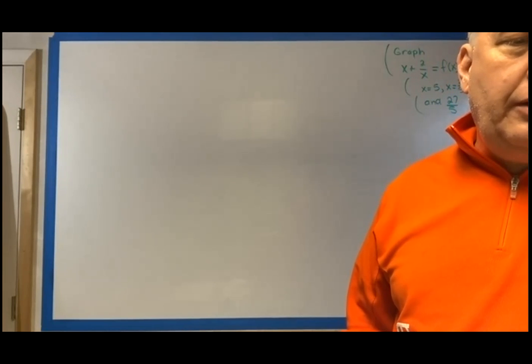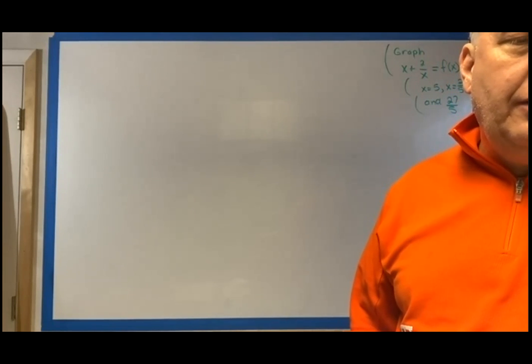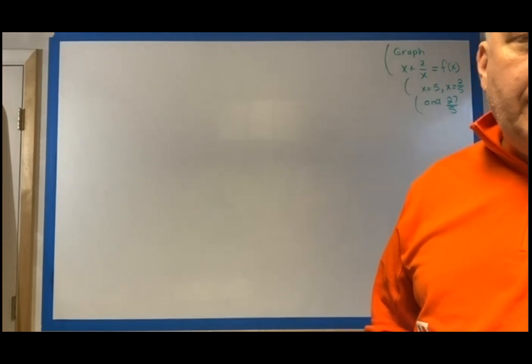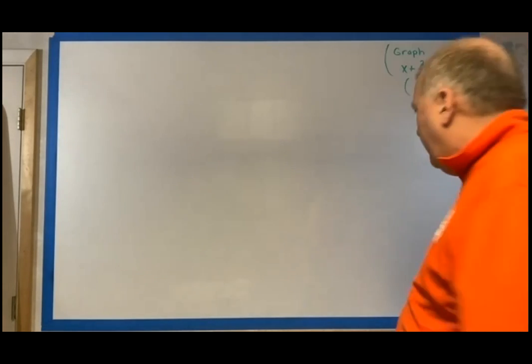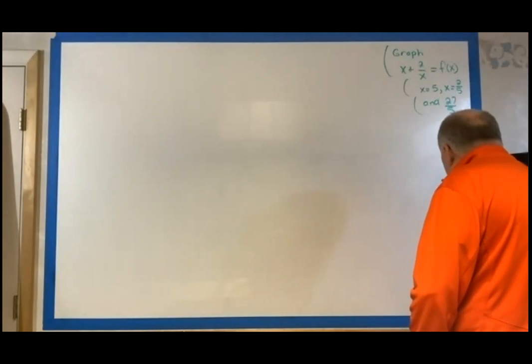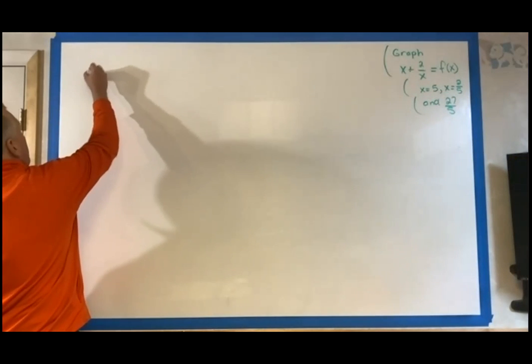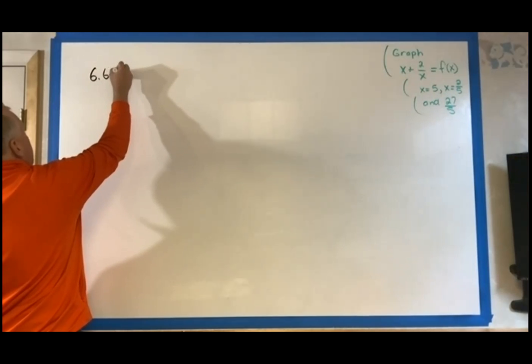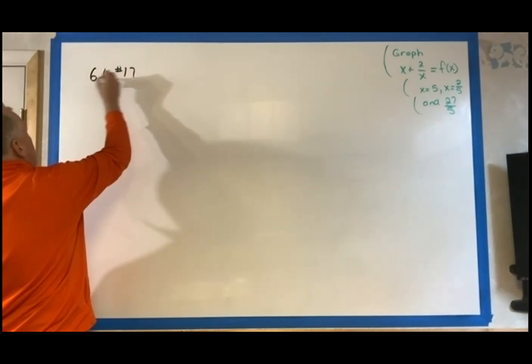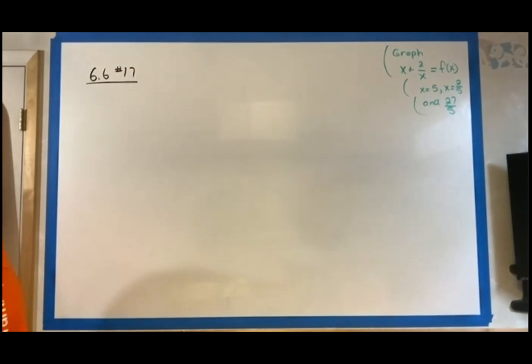It's 270 miles. So this is definitely a rate times time equals distance problem. I'm not going to write down all the words because there are too many words, and you have the words printed in your book.